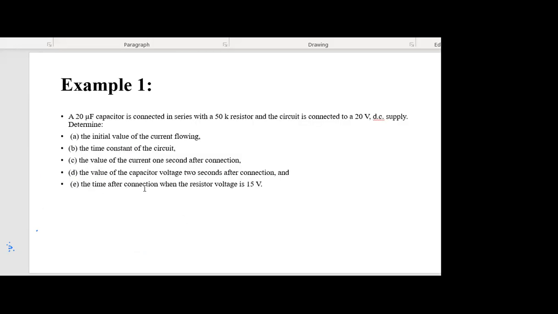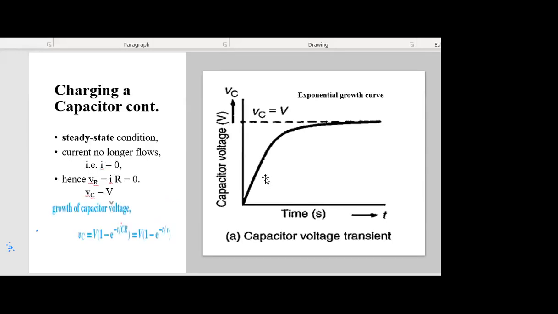The time after connection when the resistor voltage is 15 volts. From the equation, we looked at just two instances, T1 and T2, but we can look at any other time in between.